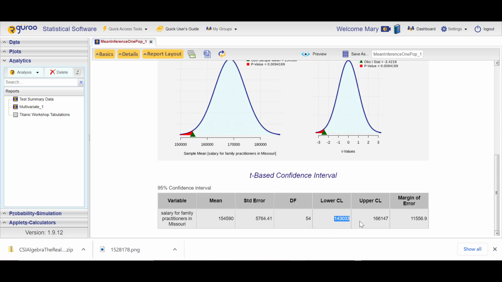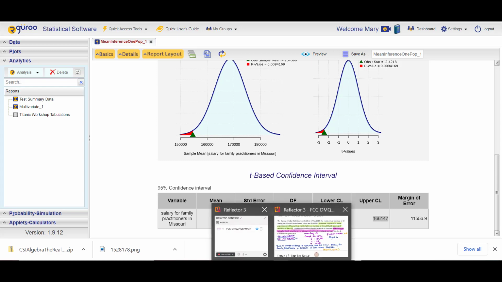So it looks like our lower boundary is 143,033. Upper boundary is 166,147.